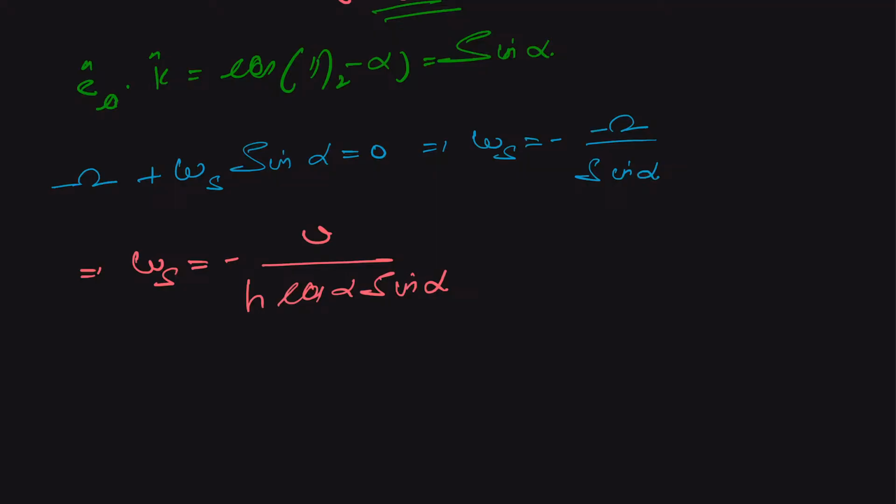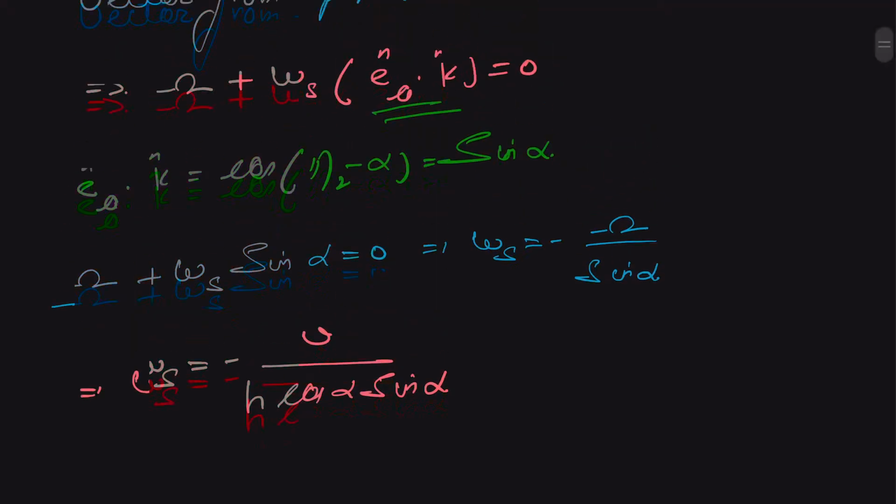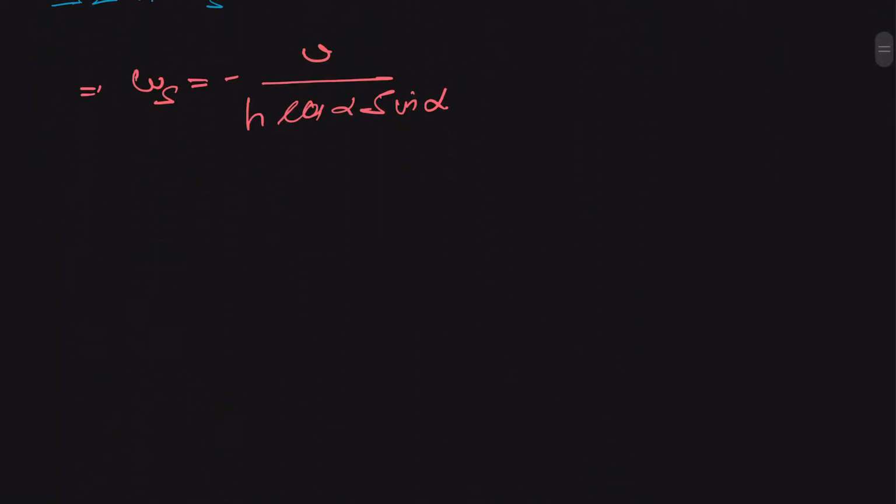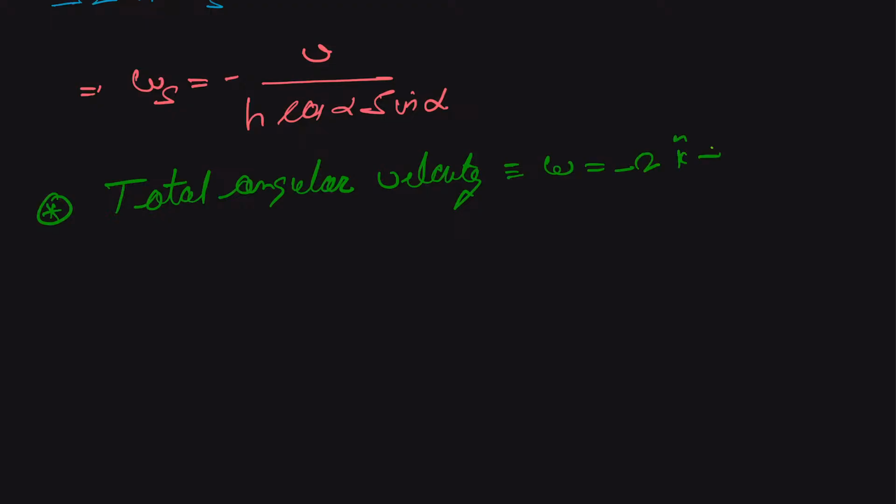Now, but we are interested in finding out the total angular velocity, which is our omega. Therefore, we can say that the total angular velocity, which is omega, is equal to our omega k unit vector plus omega s, and we have here e unit vector.